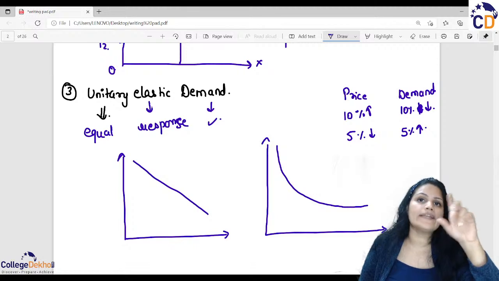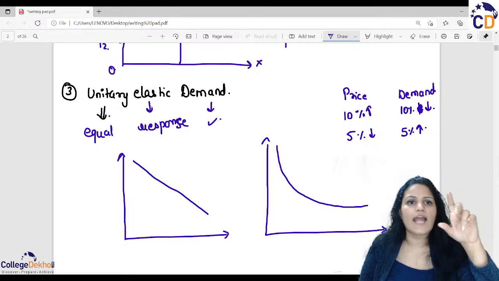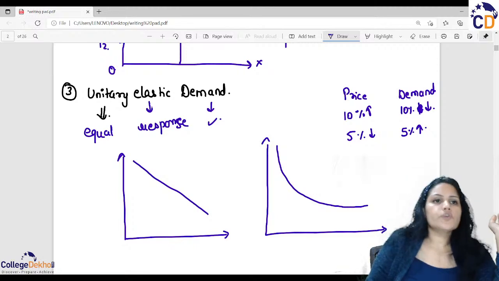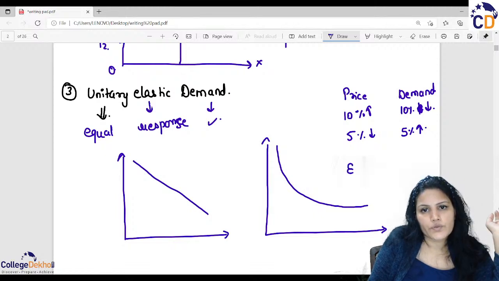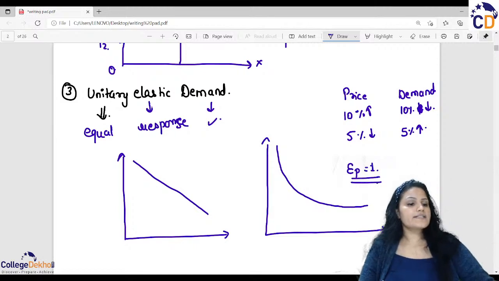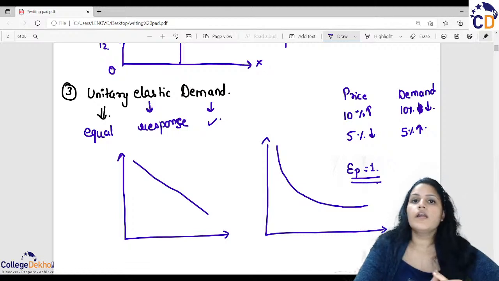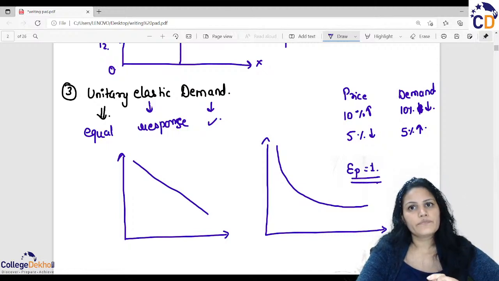That means an equal change between the price and the demand. So unitary elastic will be denoted as EP equals 1. And it's an equal change, so it may become EP equals 1.